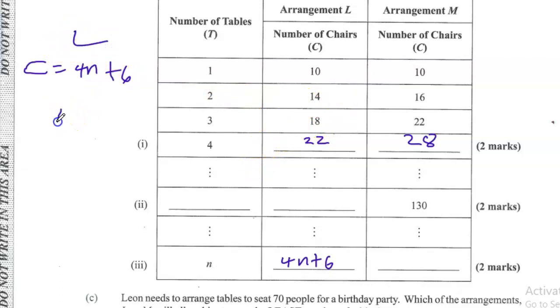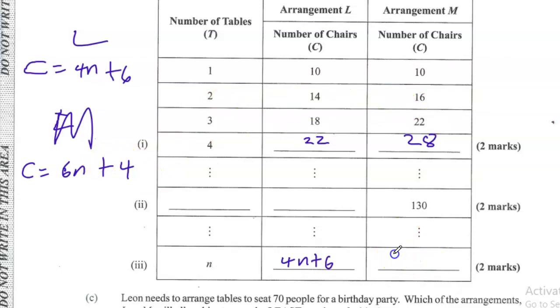For arrangement M, let's see, of course we're going up by 6. So 6 times n. So let's test it. So 6 times 1, we add 4 to get 10. 6 times 2, does it work? 12, 12 plus 4 is 16. So 6 times n plus 4.